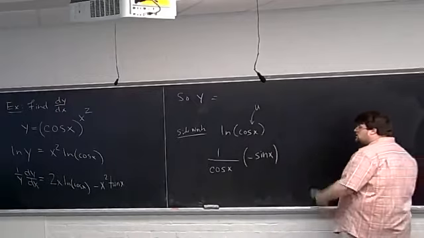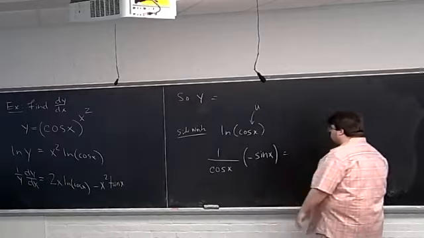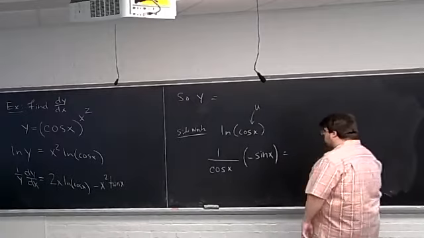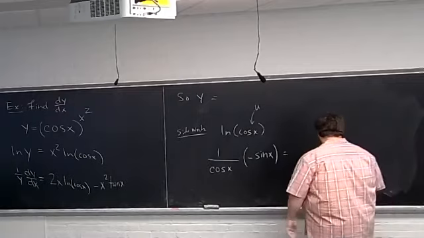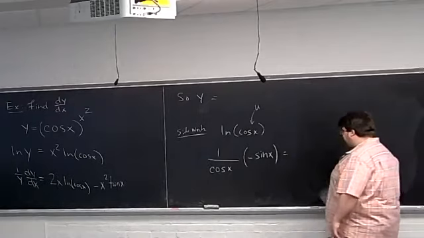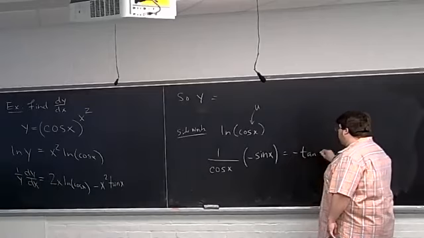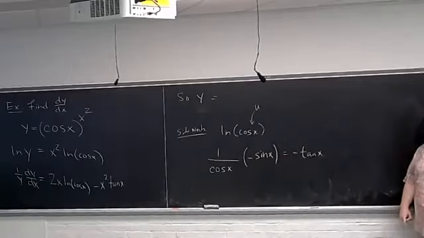Derivative of cosine is negative sine. And if you left your answer like this, I would not deduct. But sine over cosine can be written in fewer arm strokes pretty conveniently, so I usually do simplify it. Sine over cosine is tangent, and then there's a negative on there.